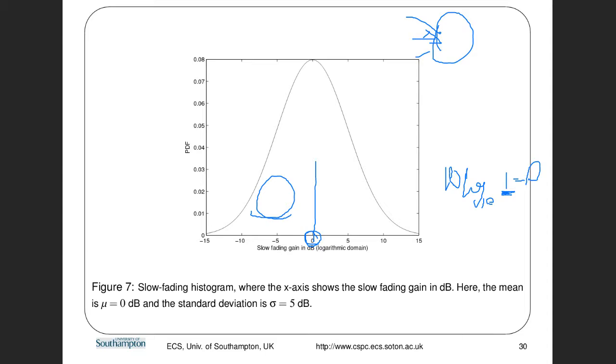When the signal power is amplified, we're happy about that, but we don't need to do anything extra. Here, this is more important. This is the reason why we want to model the path loss, and we want to model the shadowing effect.